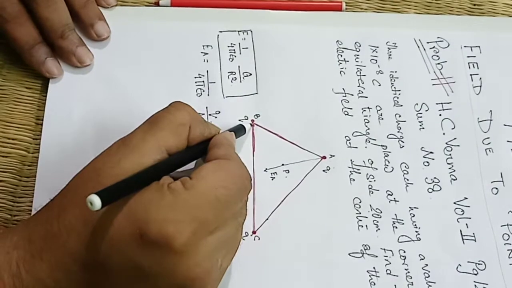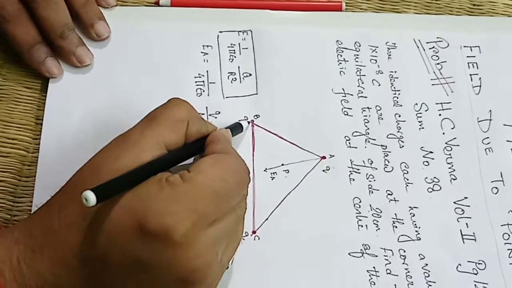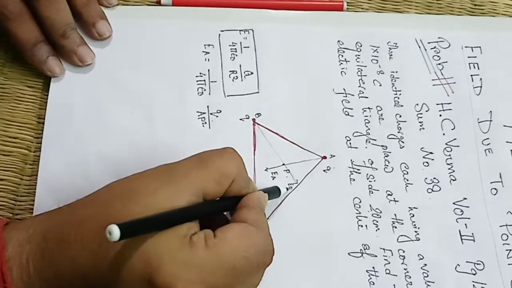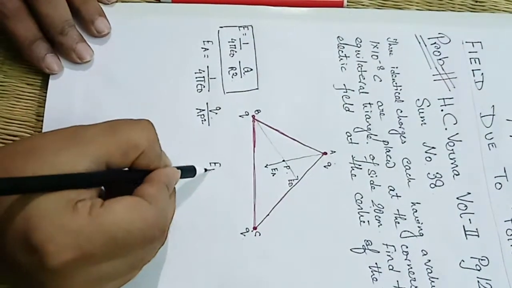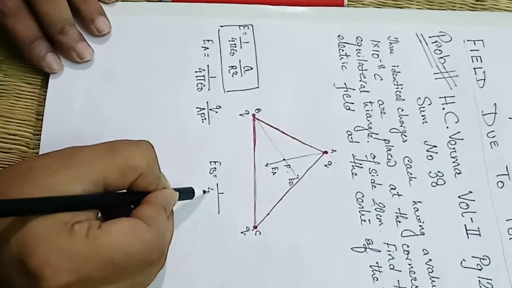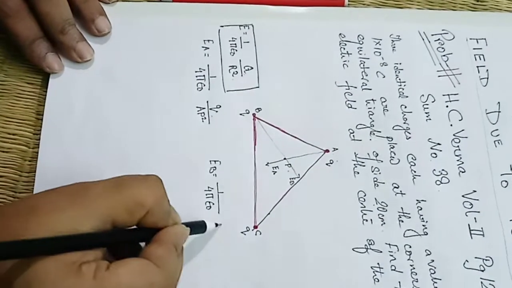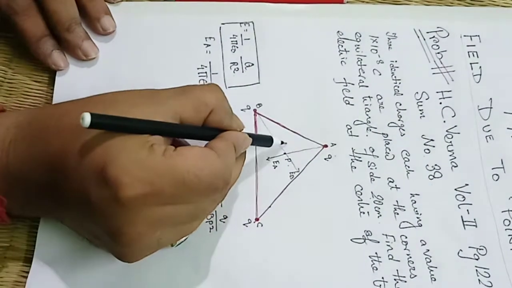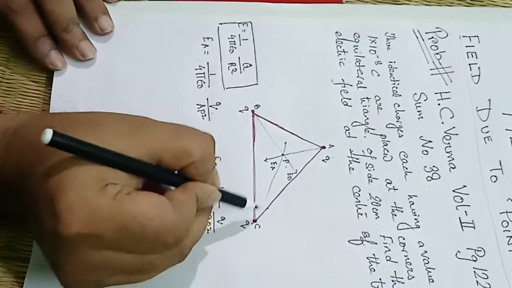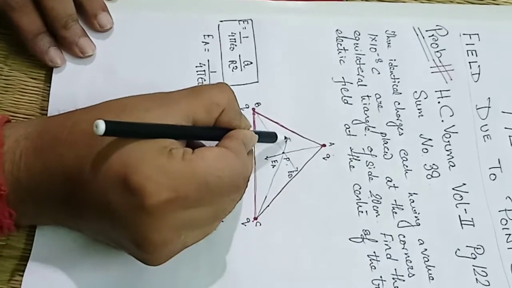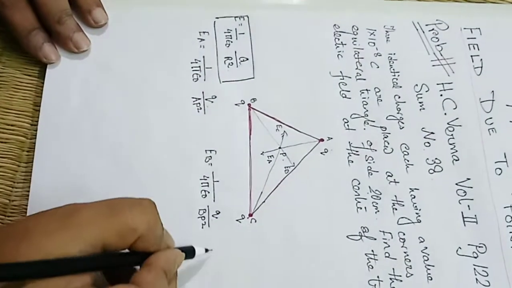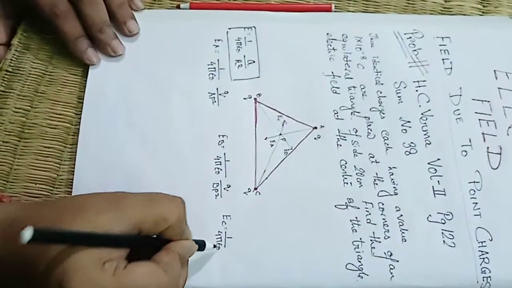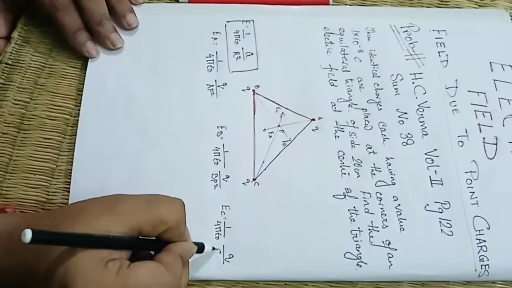Similarly, the field for the charge at B will be EB equals to 1 by 4 pi epsilon 0 Q by BP square. And the field at P due to the charge at C will be EC, that will be also same, 1 by 4 pi epsilon 0 Q by CP square.